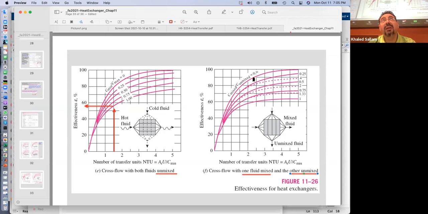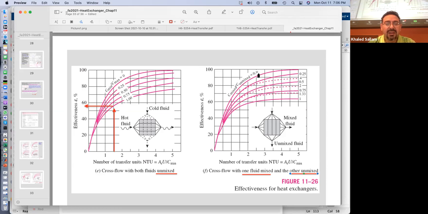How can I decipher this for you guys? Well, the easy solution is not to use this chart, then our life would be easier, right? But basically, you can see this one is going from 1 to 0.75 to 0.5 to 0.25 to 0, while the solid one is going from infinity to 4 to 2 to 1.3.